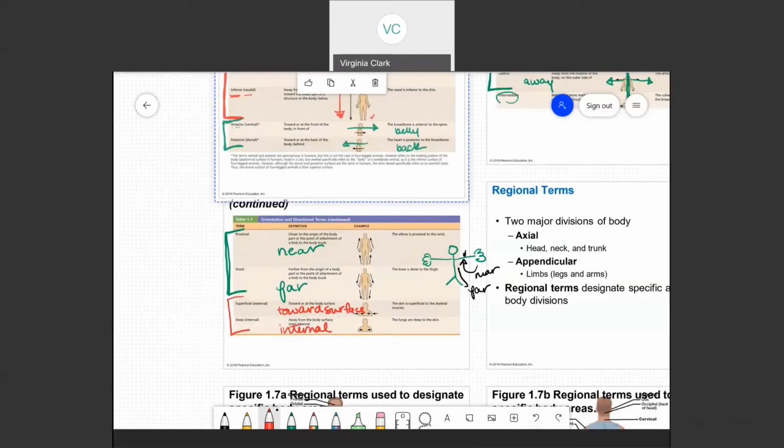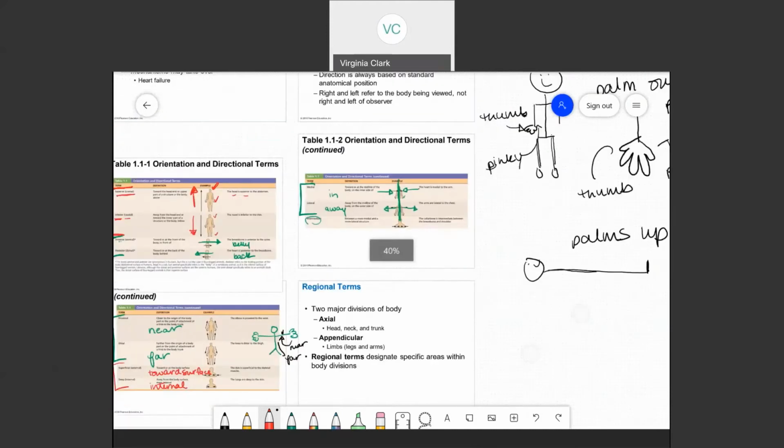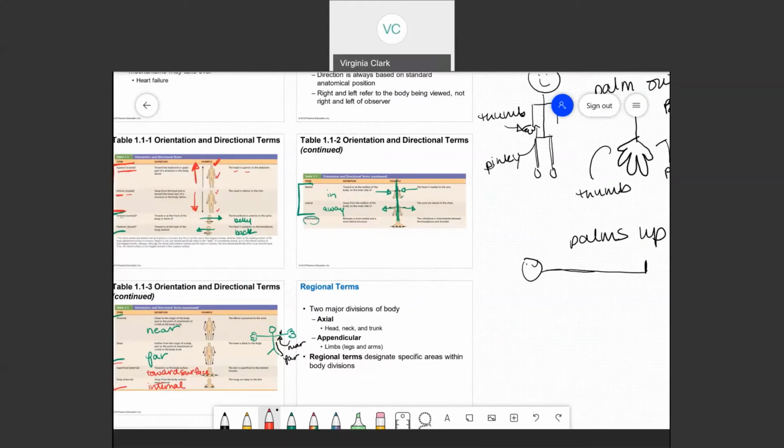We're all speaking the same language, but we're going to talk about the regional divisions of the body. But I'm going to move that guy back in place first. Okay, so the two major divisions of the body are going to be axial and appendicular. Essentially, this is North and South America.